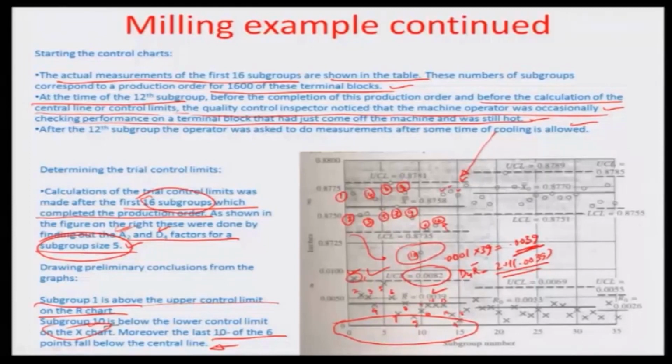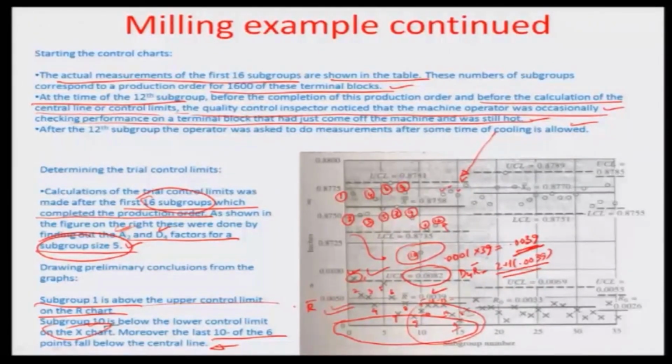Okay. So if you look at the way that this chart has been plotted, the range chart, for example, if you look at let us say starting from 16, so 16th, 15th, 14th, 13th, 12th, 11th, 10th, 9th, all these different values, at least 6 values, they are falling below the R bar or the mean of the R chart and below the center line.